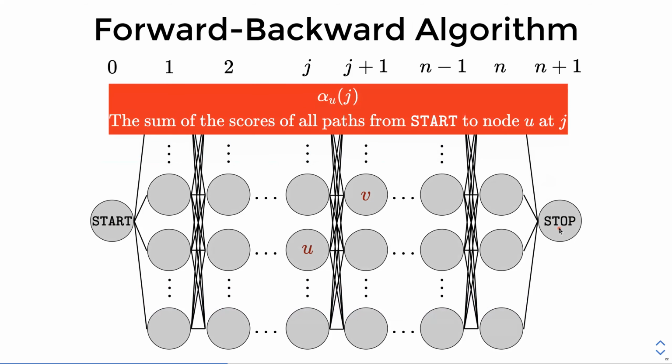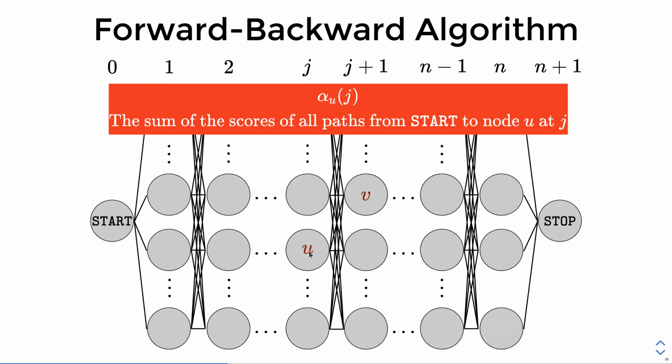In general, what's the semantics of alpha uj? We are referring to the node with state u at position j. What's the semantics of the score stored inside this node? It should be the sum of the scores of all the paths connecting start and this particular node, because you are replacing the max operation with the summation operation.